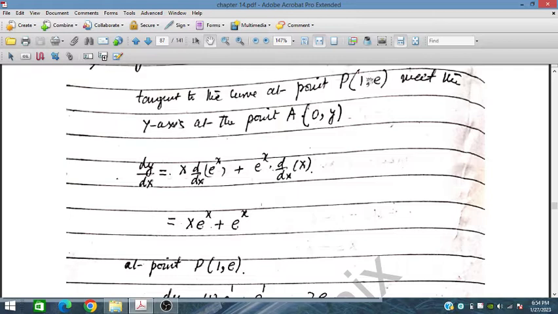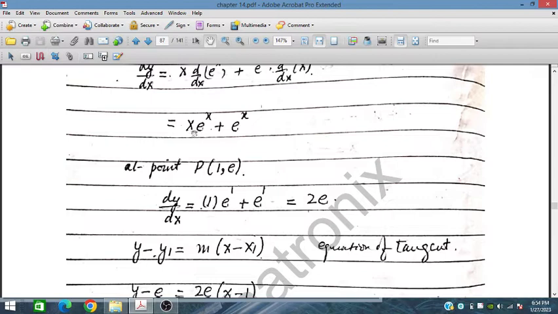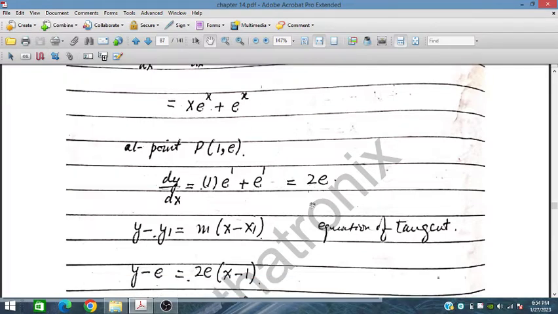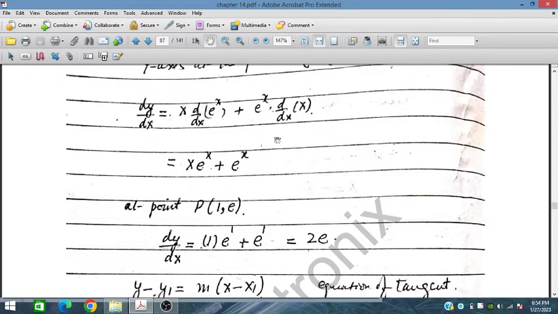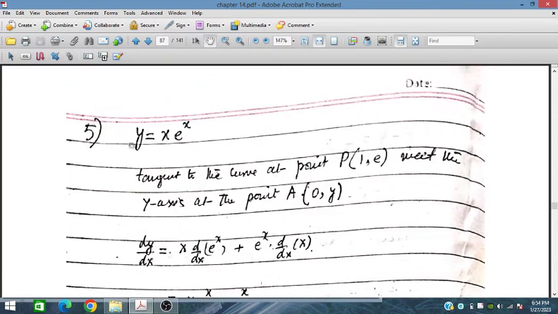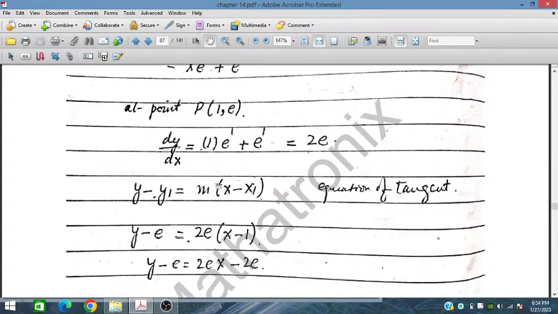At point P we have to find this gradient. So we place x is equal to 1, and it becomes 2e. So 2e is the gradient of the tangent on this curve.